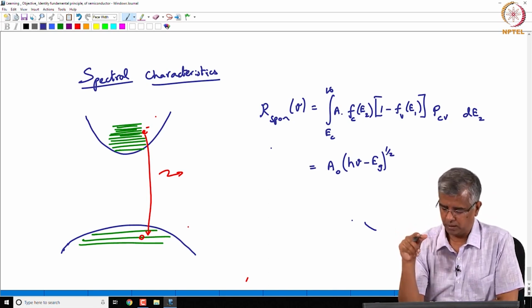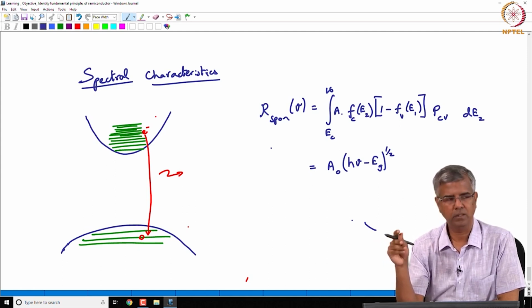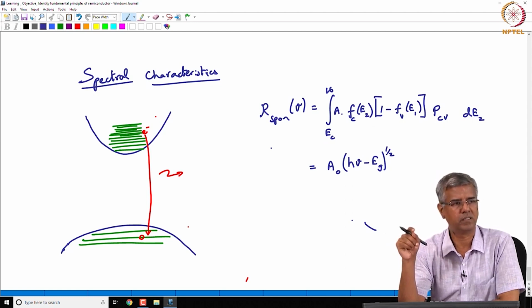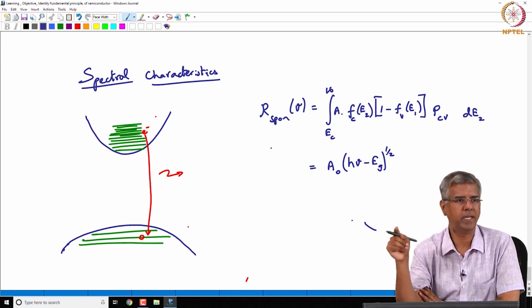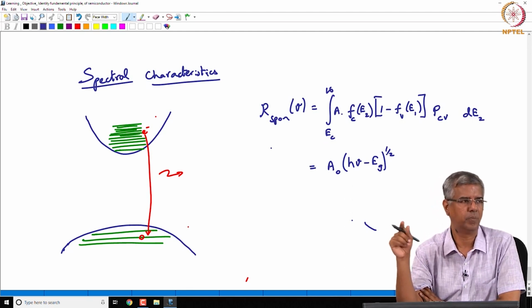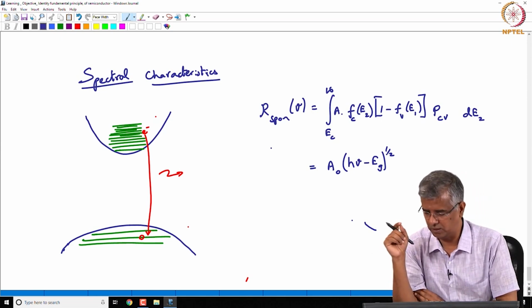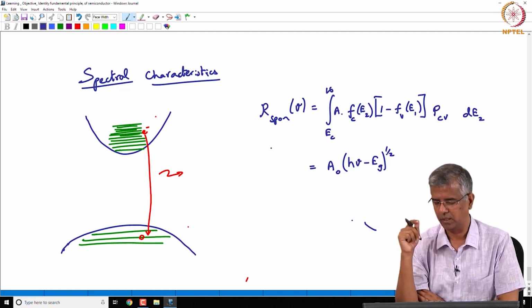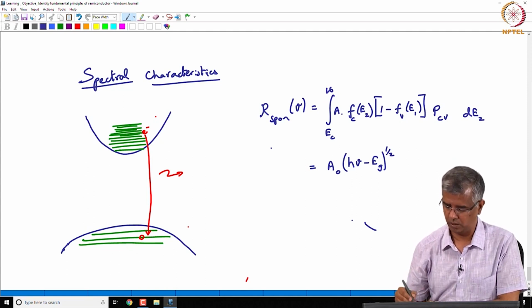So, remember the individual density of states in the conduction band, rho c, what did we say it is equal to? (E minus E c) to the power of half, and rho v we said was (E v minus E) to the power of half. That is what defined the individual density of states, but the joint density of states can be expressed as (h nu minus E g) to the power of half.